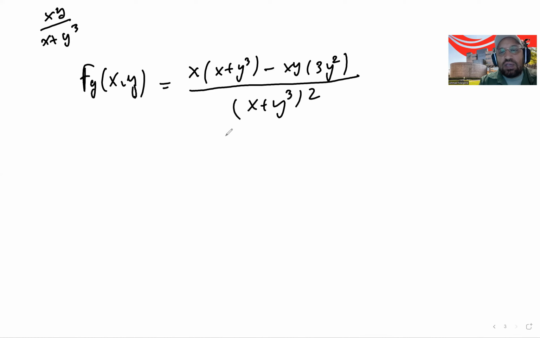So now, if you get this far, that means that you're doing fine. Now, the only thing is that if you want to simplify, just pay a little bit of attention and don't do it too fast.